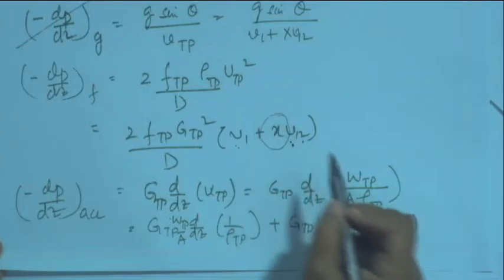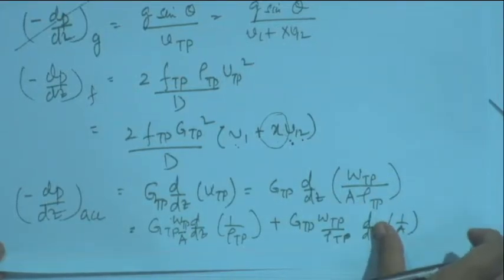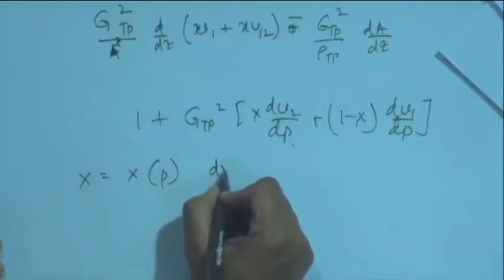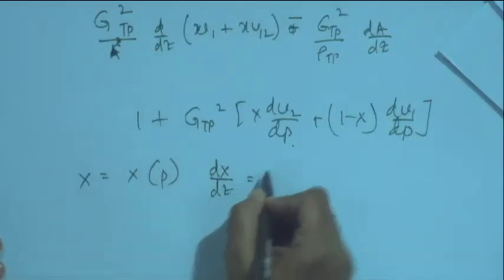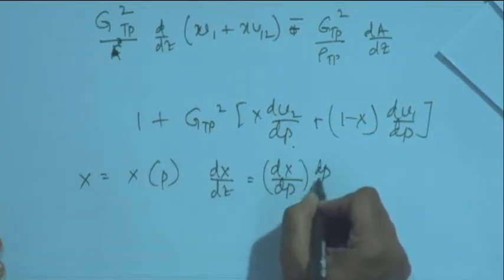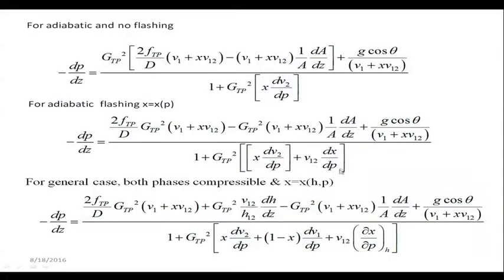X also becomes a function of pressure, and that also starts changing with z. And so, naturally in this case we need to incorporate dx dz, which is nothing but dx dp into dp dz. So, this gives me an additional term in the denominator in this case.